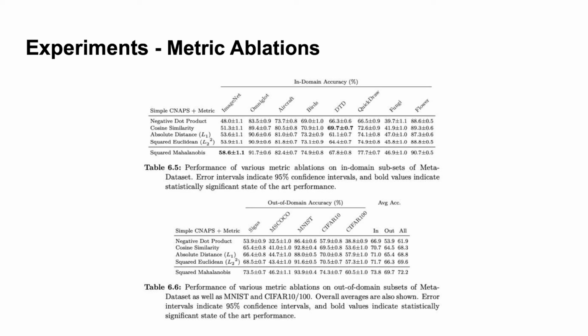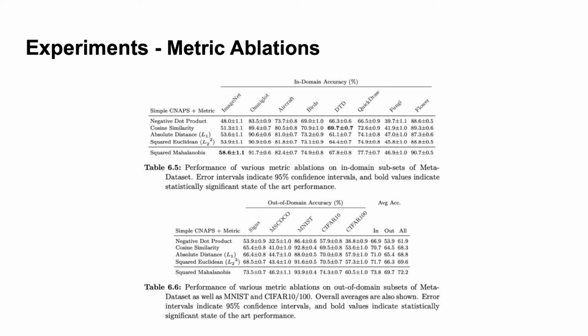Now, in terms of metric ablations, hopefully I got the pronunciation right this time, we consider the case where we have the squared Mahalanobis-distance and we replace the CNAPS classification framework with that, but could we do any other metric that could potentially be better? And we consider the negative dot product. Now, the negative dot product can very much be thought of as just doing linear classification, because it's the negative distance used, so the negative of the negative is effectively the dot product being performed.